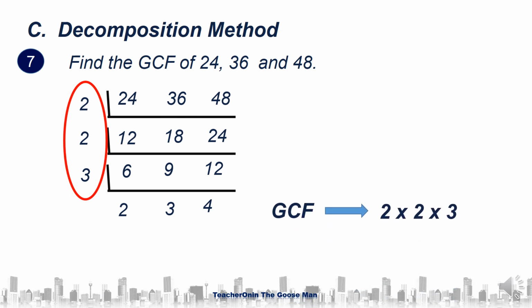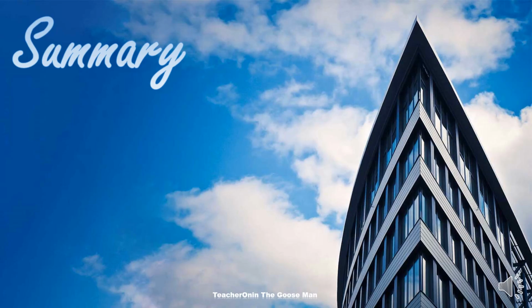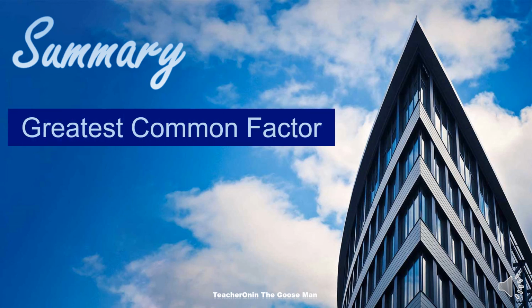So these will be the factors of our greatest common factor. So we have 2 times 2 times 3, which is equal to 12.